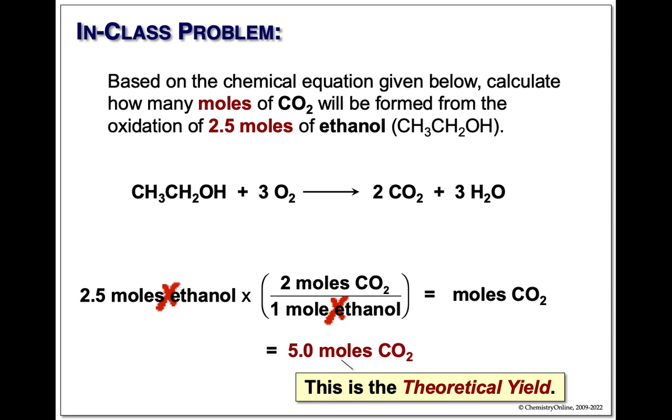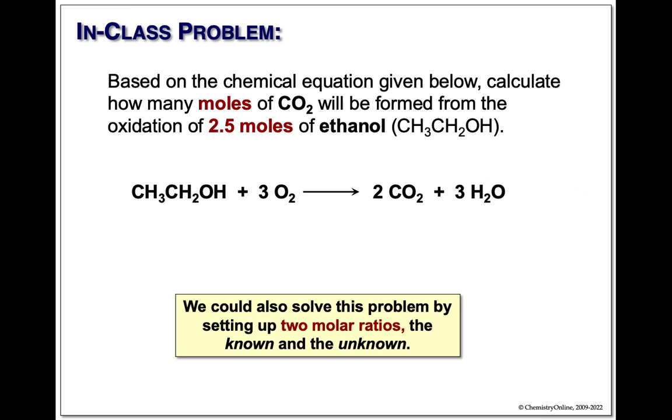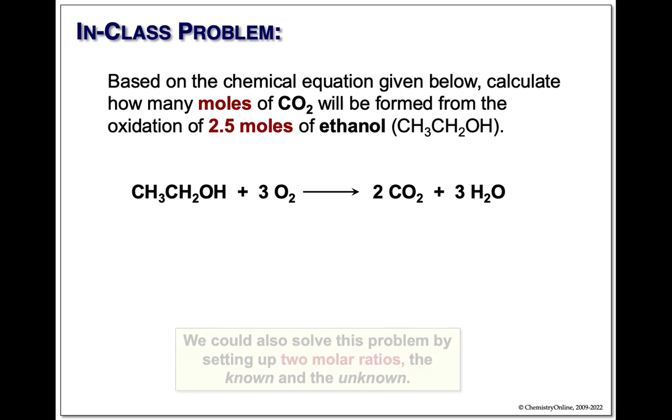Well, there's another way we could do this that's a little bit faster, a little bit more efficient for your calculator. And that is to do the same problem here using two mole ratios. One is a known and the other is the unknown. Now we've already said we have a 1:2 ratio here. What we're going to do is look at our problem.